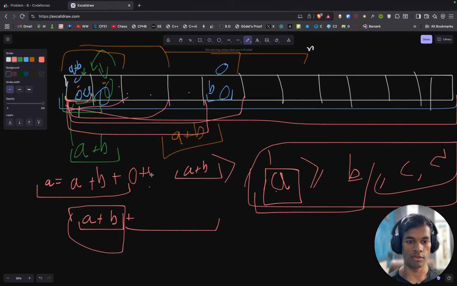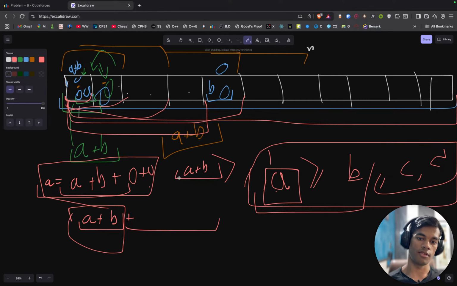So plus 0 plus 0, n times, and this would be our answer. So it would be good to perform the operation when a is greater than or equal to b, and in that case, the answer would be a plus b.